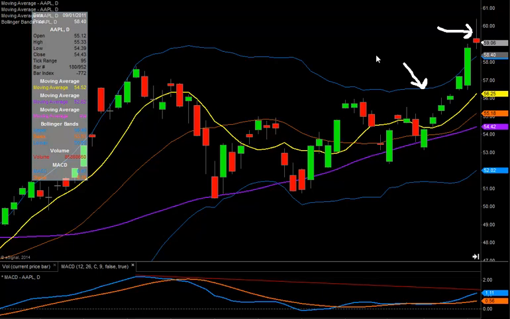It becomes that much more slap-in-the-face obvious, because now we have this nasty candle, which we know about, occurring right here above this upper Bollinger Band, and this is also the one where we have the negative divergence down here in the MACD. So you have a negative divergence, you have a not so nice looking candle, and now you have the entire candle up above the upper Bollinger Band. Wow, that's a lot of things pointing to there probably being some sort of pullback.